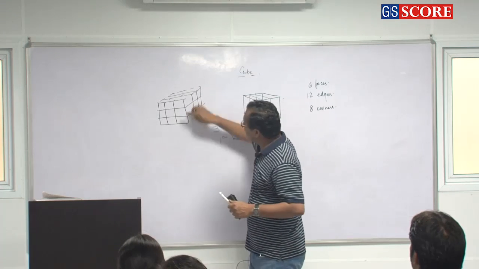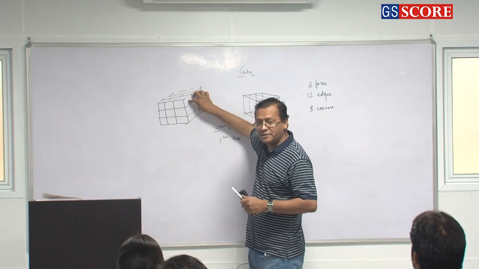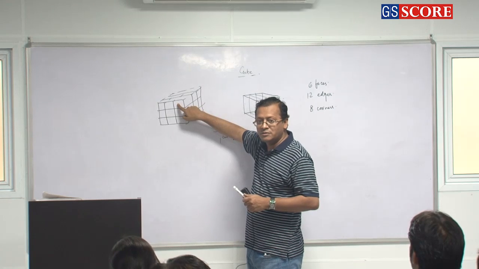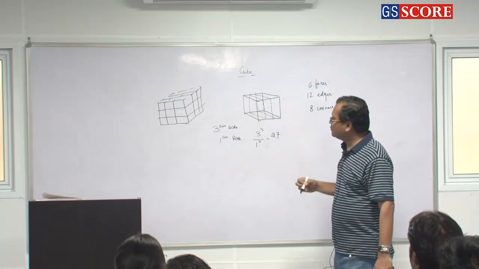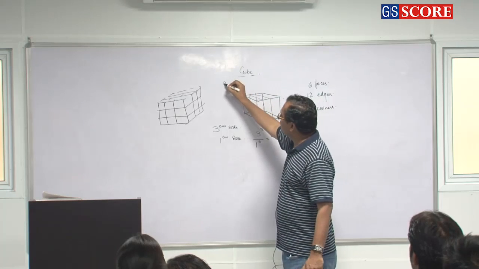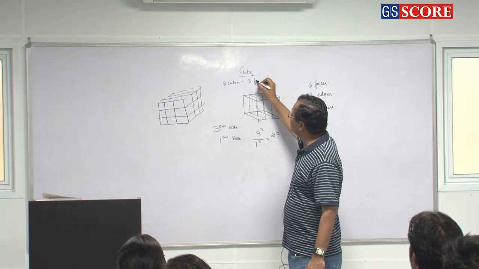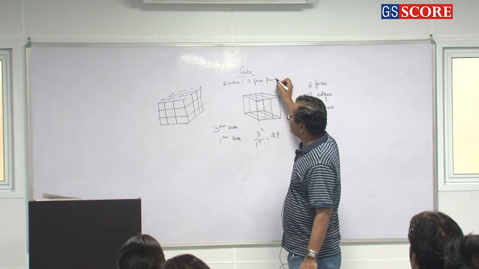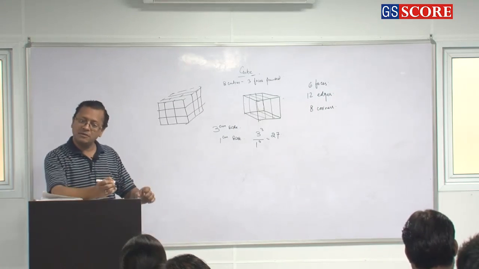Now as you are seeing here, this is a cube which has got three sides painted. This is a corner cube. So how many corners are there? There are 8 corners, which means there are 8 cubes having 3 faces painted. Clear or not? Right?